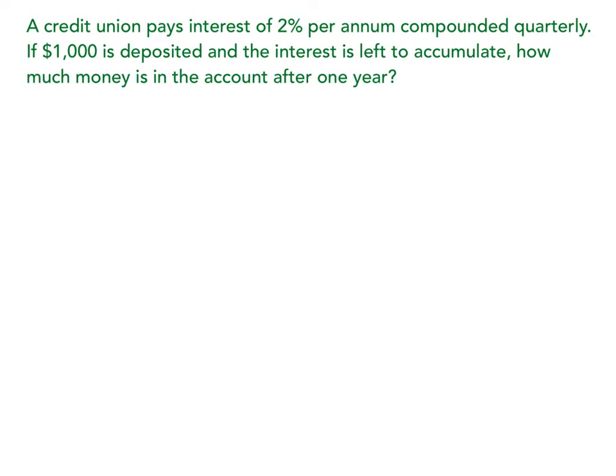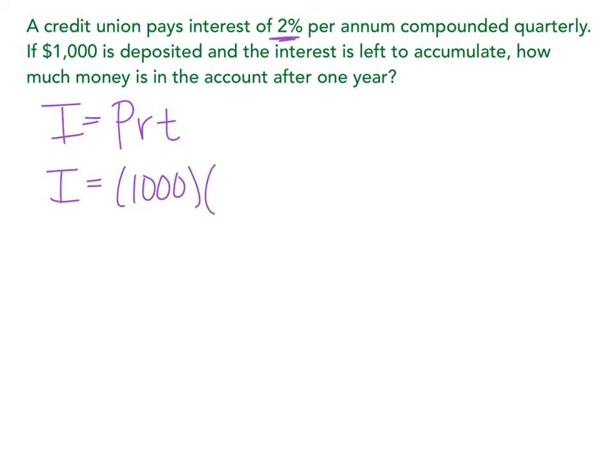So I'm going to start off with my I equals PRT, which is my simple interest formula, and I'm going to plug in what I know. So I equals, my original principal was 1,000, and then the rate that it happens is 2%, and that's 0.02 as a decimal, and then it's compounded quarterly, which means 1/4 or 4 times a year.